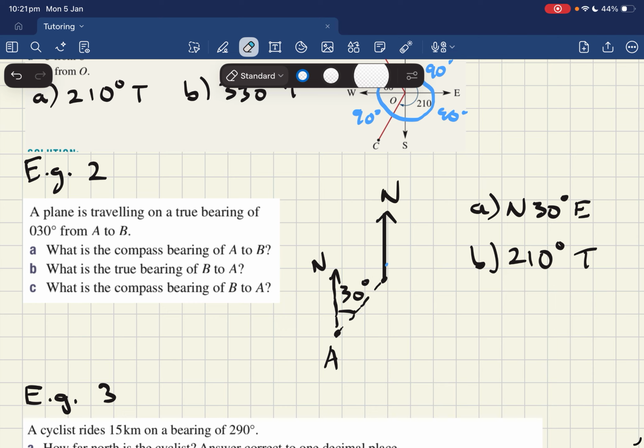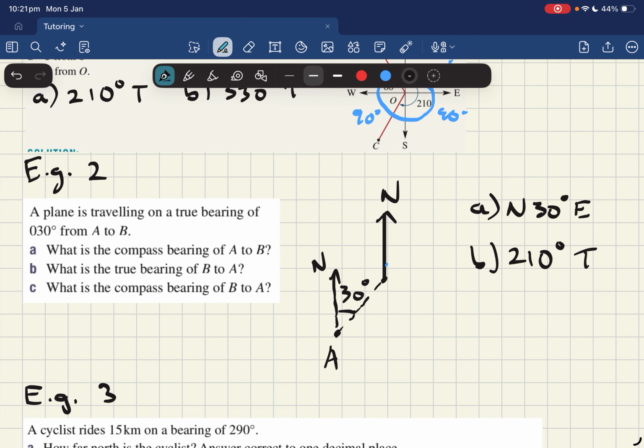Now, we're trying to find, we've got point B here. Now, we're looking now for the compass bearing of B to A. So imagine we have north, east, south, and then west in this direction. Now, we're trying to find the compass bearing. So first, we have to decide, is it closer to north or south?